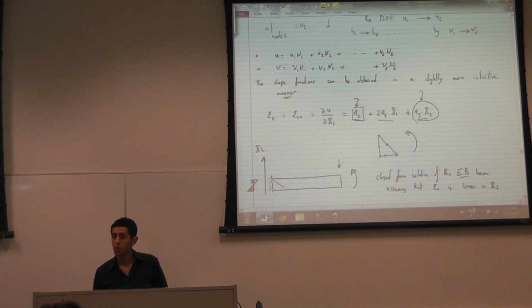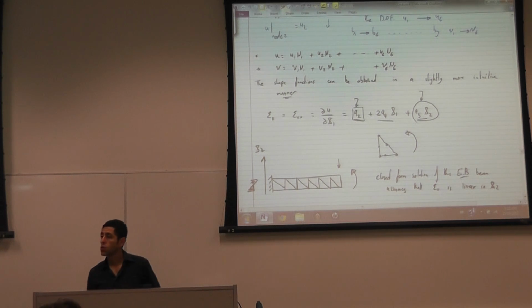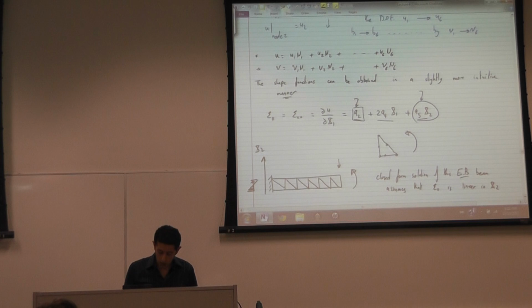And so one element would be enough for me across the thickness to obtain a solution that is equivalent to the Euler-Bernoulli solution, because this element is able to model this linear strain.